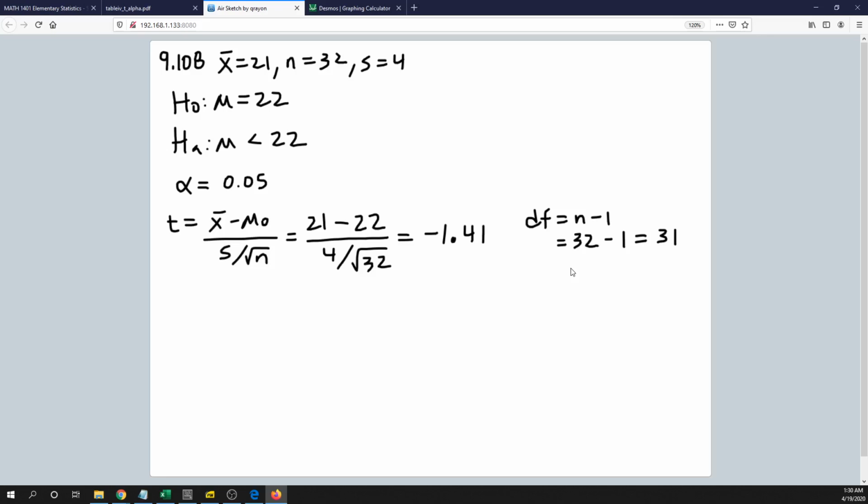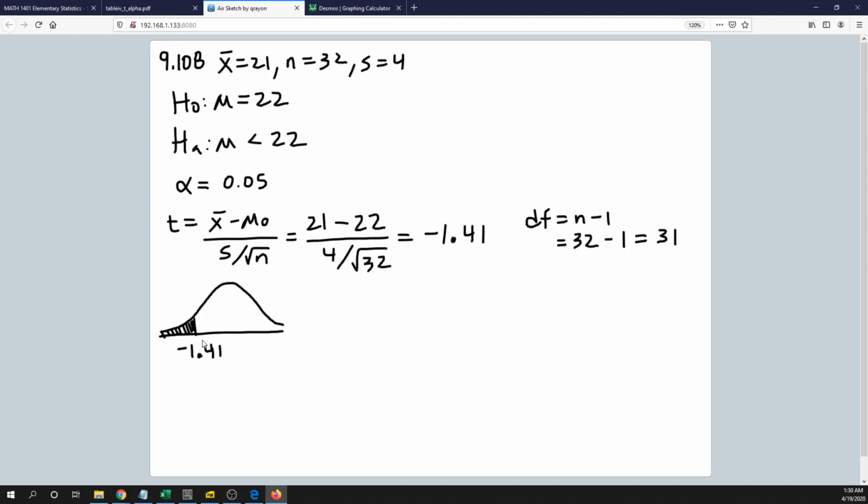We are also doing a left-tailed test here, right? And so what we will need to look up is the area underneath the t curve that's to the left of minus 1.41.